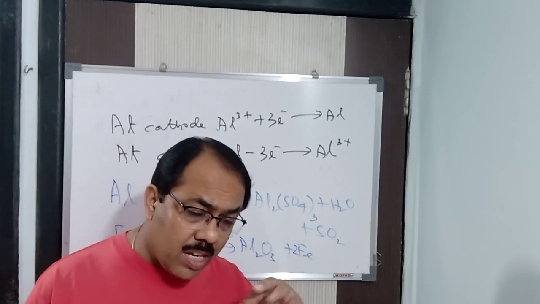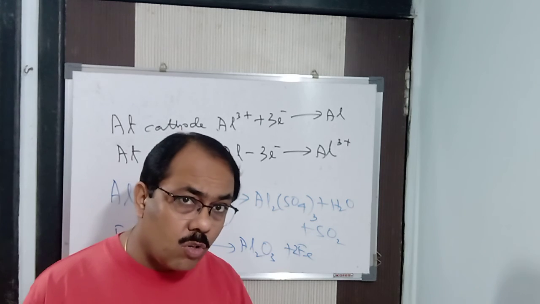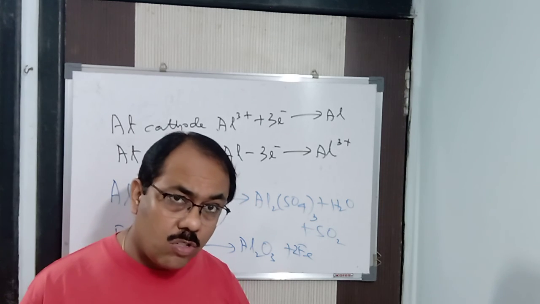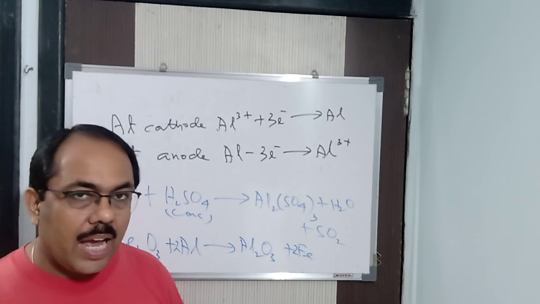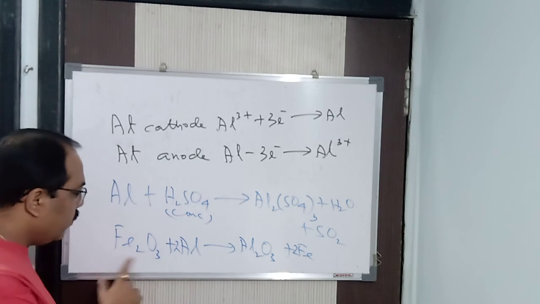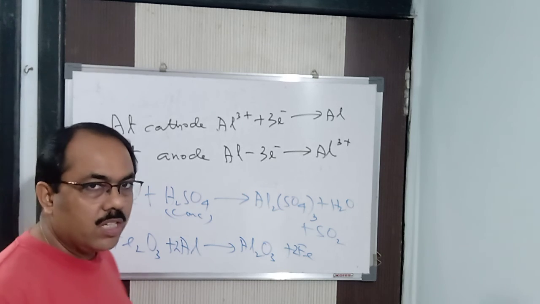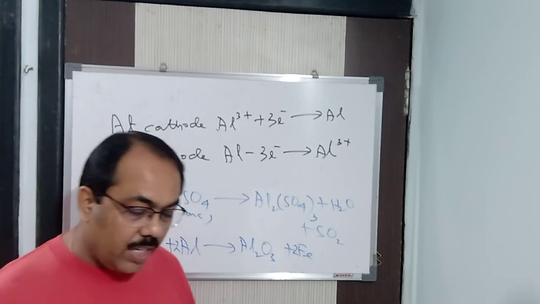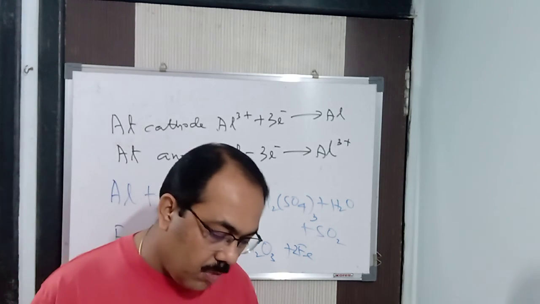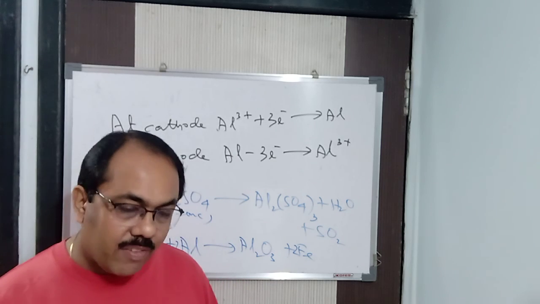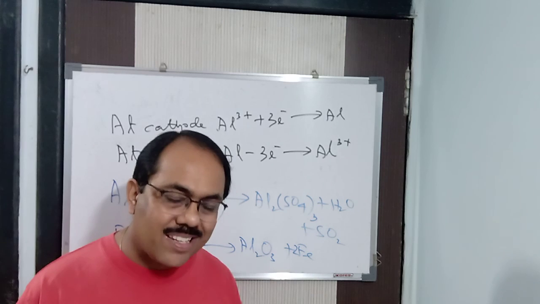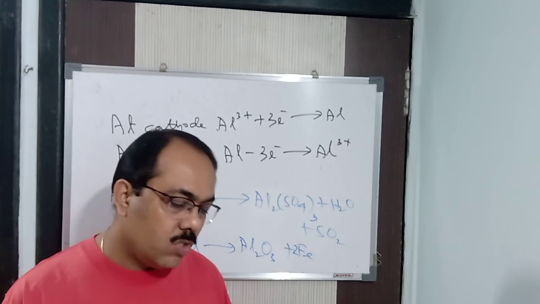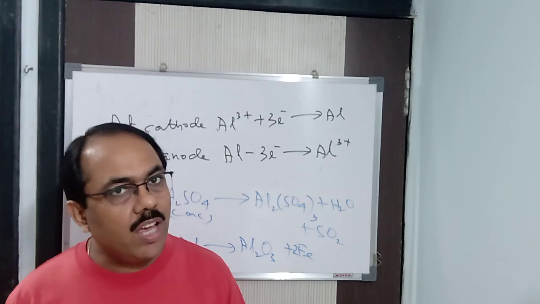And aluminium is corrosion resistant, it does not corrode easily. This sort of welding is called thermite welding. It is used because aluminium is a strong reducing agent, to repair bridges and girders. So these are the properties and uses of aluminium.